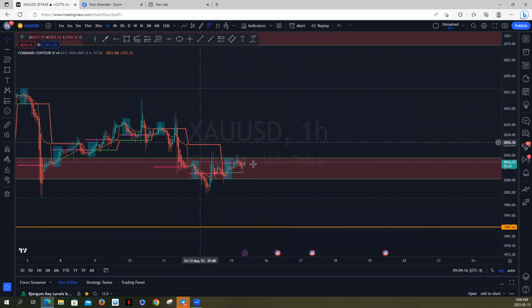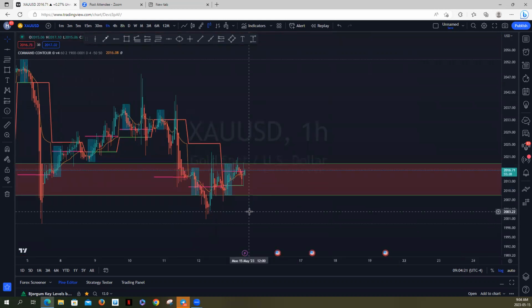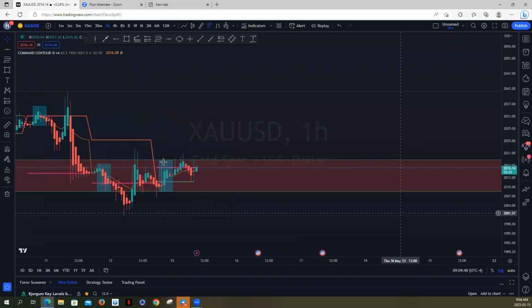So here's how we'll target. See, the command contour with the zap zone, it's really key. The command contour levels. Look at this. And this is why I like using the hour, because the hour really cuts out a lot of the noise in terms of your entry. So we have the zap zone here, right?